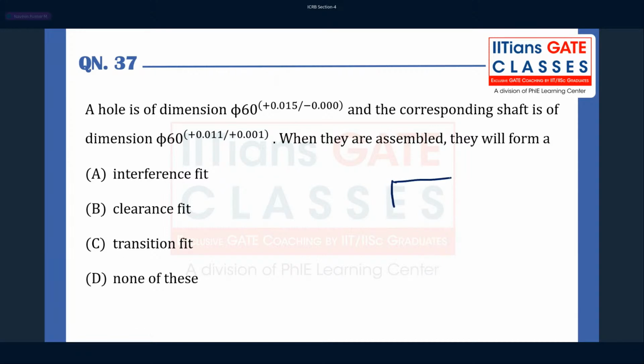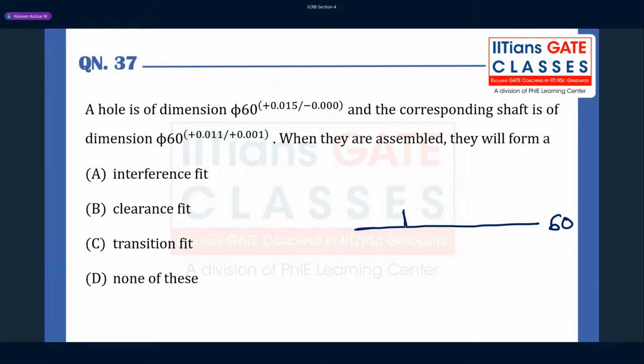So baseline, we'll make the baseline first. Zero line. What is the zero line? This is 60. Very good. That is what is given. 60 is 60 only, right? The original dimension should have been 60. And they're saying the dimension of the hole is this much, in the sense you have 60 plus. So the hole will go in the opposite direction, right? So the minimum is 60 itself and a maximum is this much.